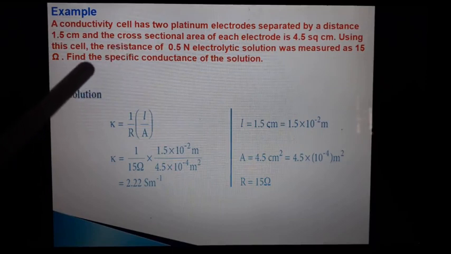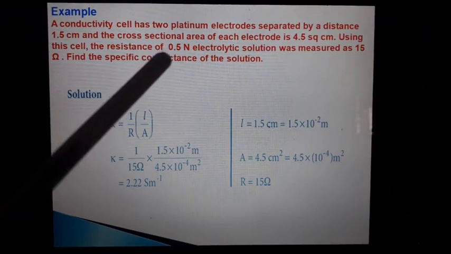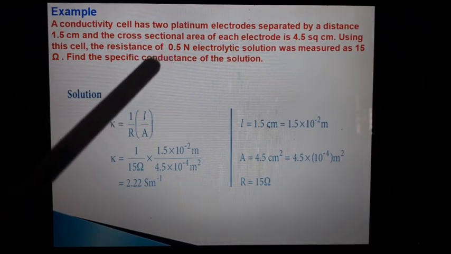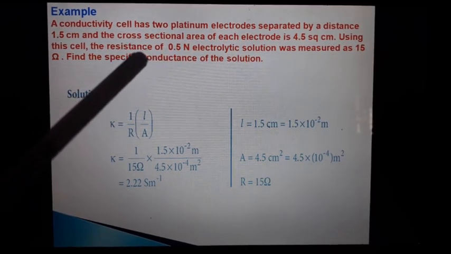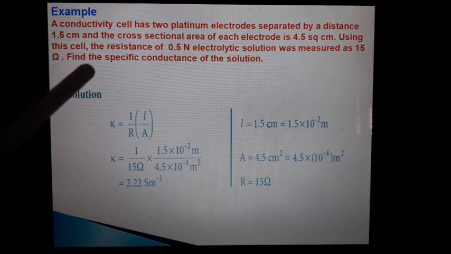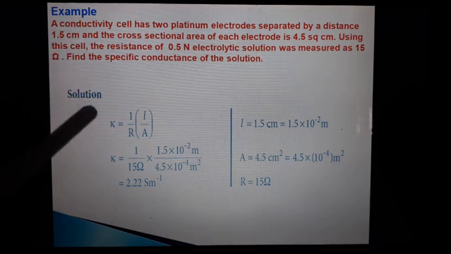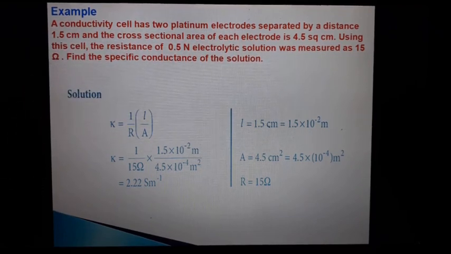Using this cell, the resistance of the electrolyte, 0.5 normal, is measured as 15 ohm. This is the resistance of the electrolytic solution. So what is the specific conductance, kappa? You find out the kappa. Okay.